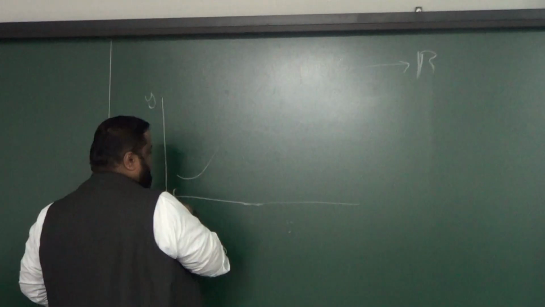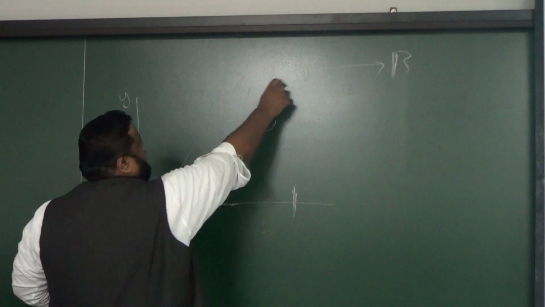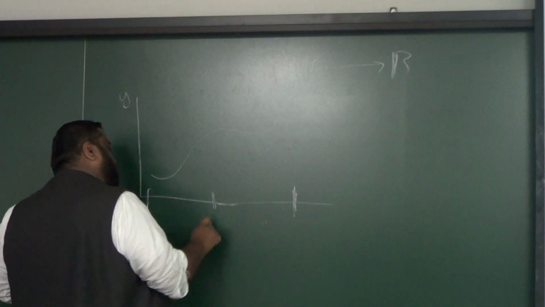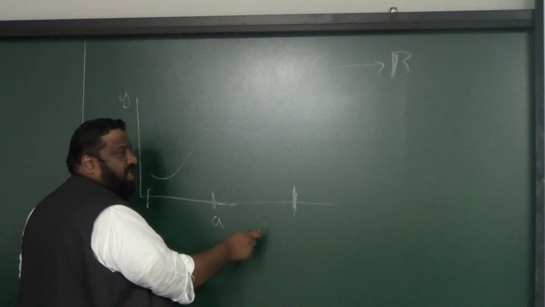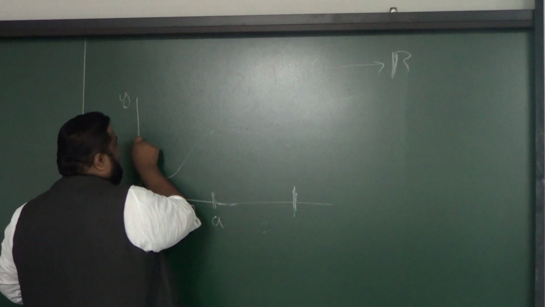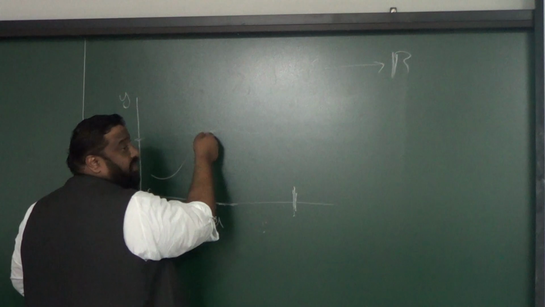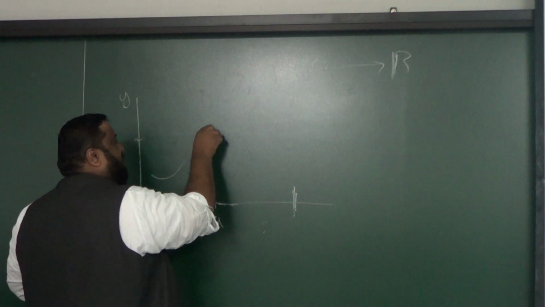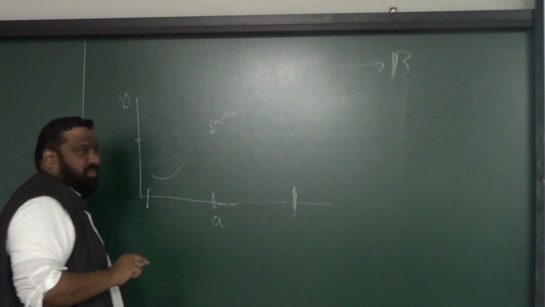Say this bit is the domain. What f is doing is taking each point from this domain and assigning it a height. And what is that height? f of a. So the representation of these points becomes a and f of a.